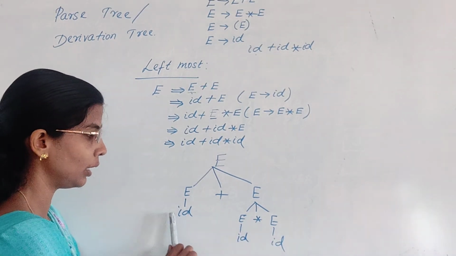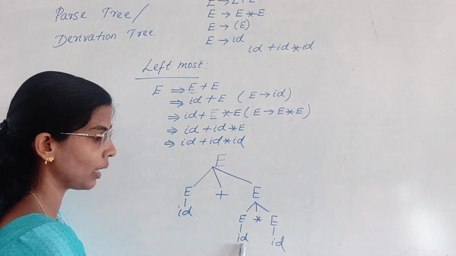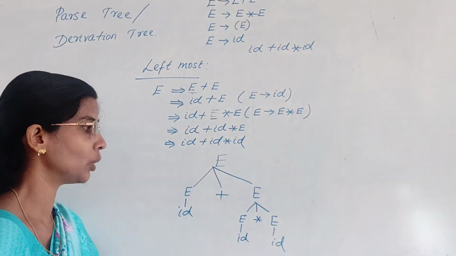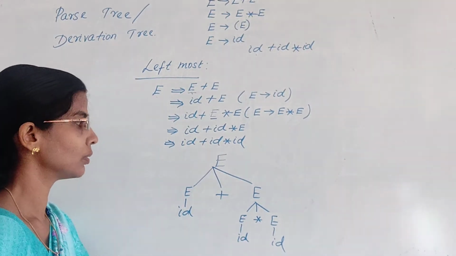At last you got all your leaves: id terminal, plus terminal, id terminal, star terminal, and id terminal. This is your leftmost derivation parse tree.